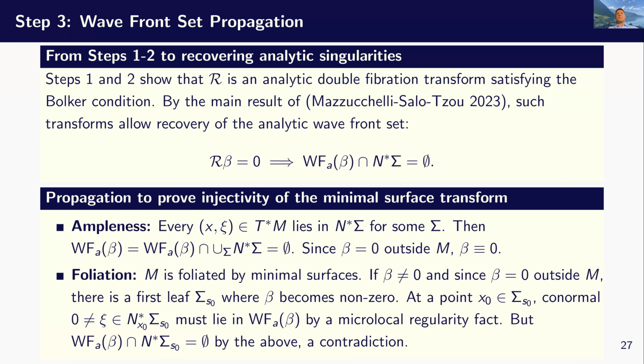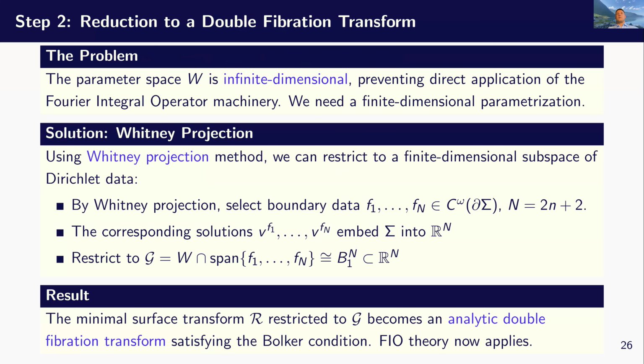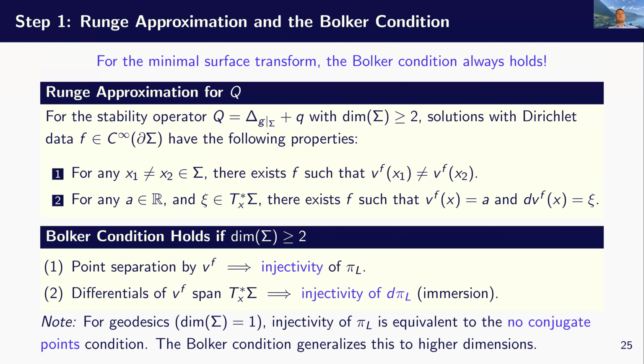Yes, that is what I tried to explain. The Bolker condition follows from the Runge approximation for the linearized minimal surface equation. That's a very good question. It was this slide here.